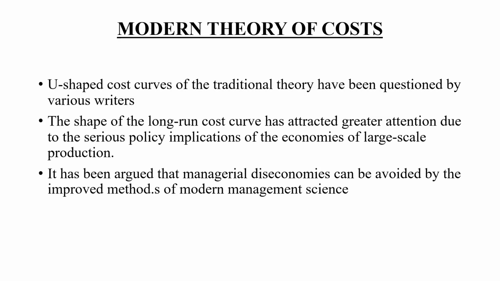It has been argued that the managerial diseconomies can be avoided by the improved methods of modern management science, and even when they appear at the large scale of output, they are insignificant relative to the technical economies of large plants, so that the total cost per unit of output falls, at least over the scales which have been operated in the real industrial world.